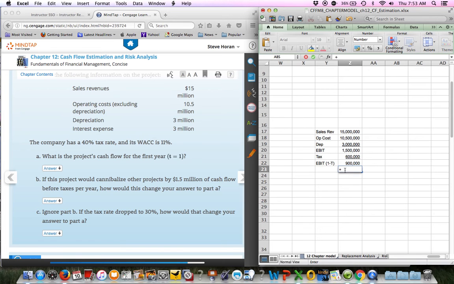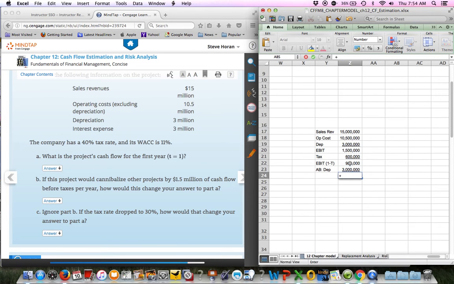From there I add back my depreciation, because I need to include depreciation above to get the proper EBIT and the proper tax, but then I add back depreciation. I'll label this AB for add back, that's the only reason I'm abbreviating. I simply add those last two numbers.